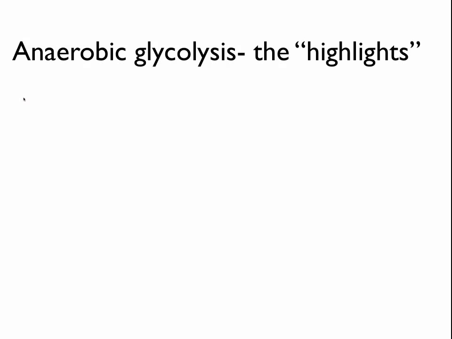So let's just summarize some of the highlights of anaerobic glycolysis, some of the real key points that you need to know. The first one is that it takes place in the cytosol. If you remember the phosphagen system, what I said about reactions taking place in the cytosol is that the ATP can be immediately used, because most cellular activity that requires ATP is going to be taking it right from the cytosol.